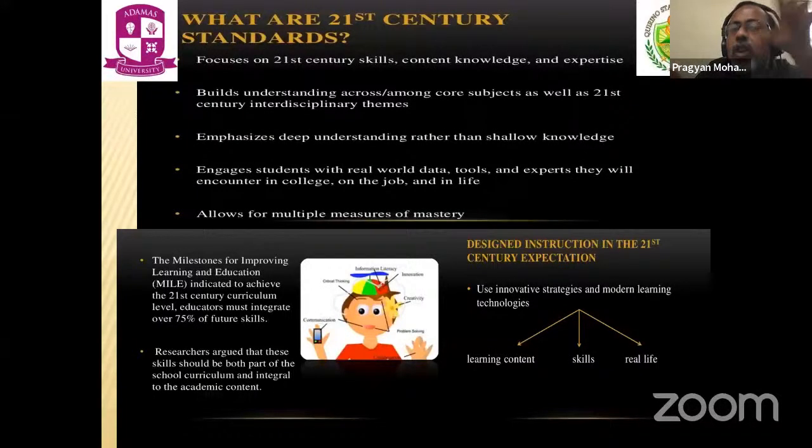So the instruction provided by the teacher in the 21st century must have a three-way approach. It should have learning content, it should have the P21 skills, and there should be a liaison with real life situations. These three must be integrated to develop the 21st century curriculum instructions.